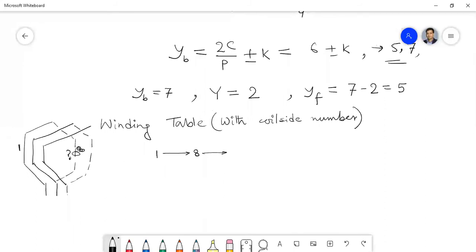Now I am asking, for the next coil, coil number 2, what will be the top coil side number? 1 and 8 and 2. Why is it 7?